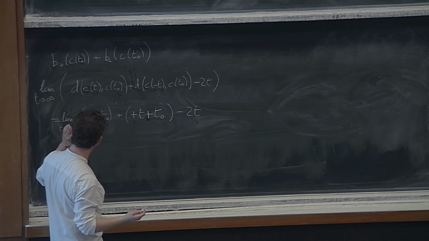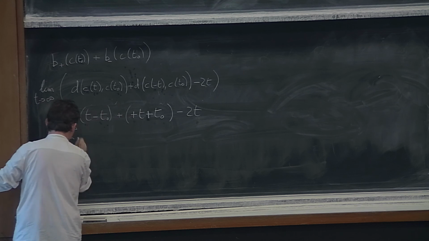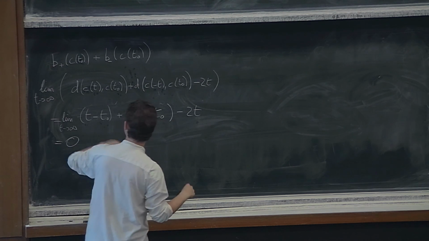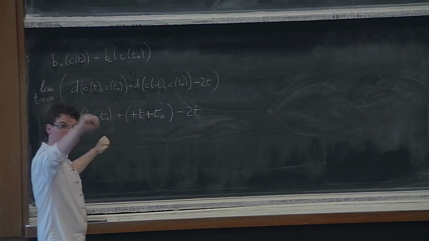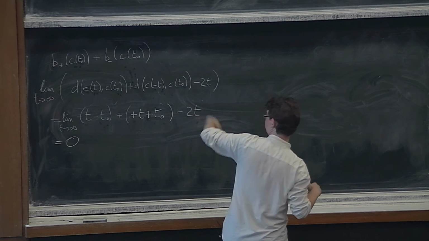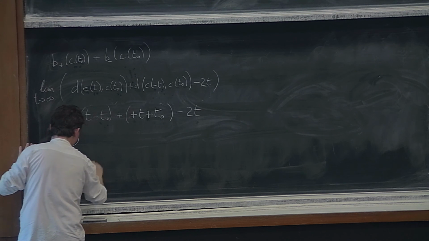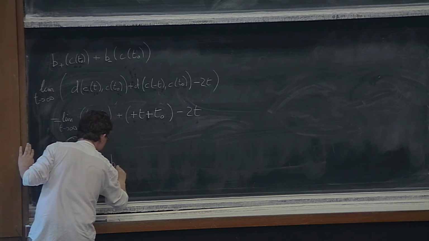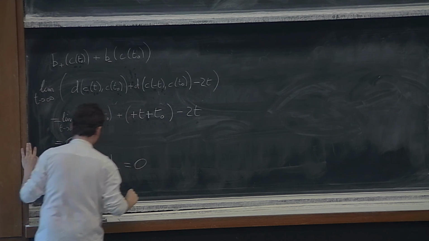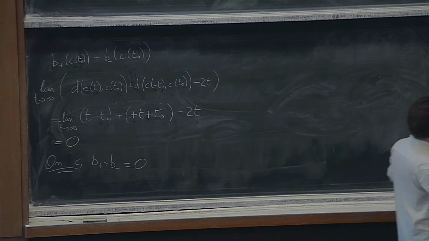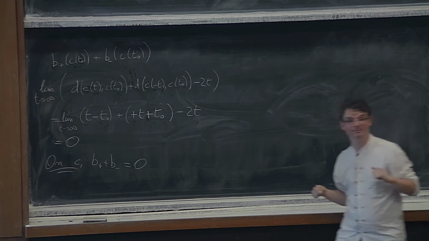Okay, so that's what I was expecting. So on this ray that we're considering, b plus plus b minus is equal to 0. So on c, b plus plus b minus is equal to 0. So it achieves its minimum.